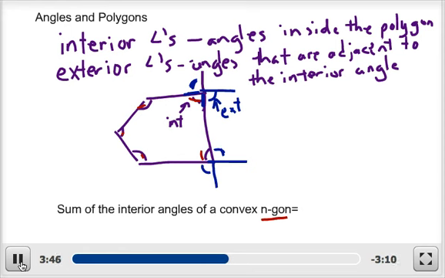So the sum of the interior angles of a convex n-gon equals n minus 2, or the number of sides, minus 2, times 180 degrees. Now we're going to learn some more about that in class, so don't worry about that too much right now, but that is the equation that you'll be using to solve your problems. N minus 2 times 180 degrees equals the sum of the interior angles.